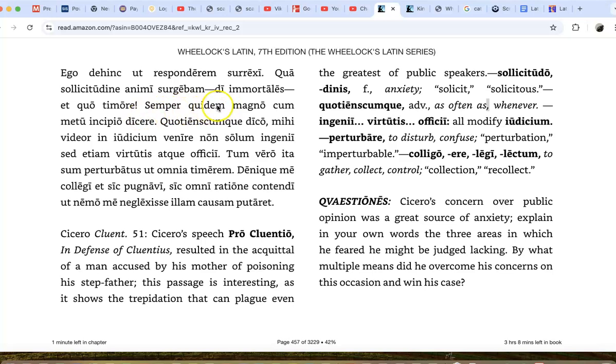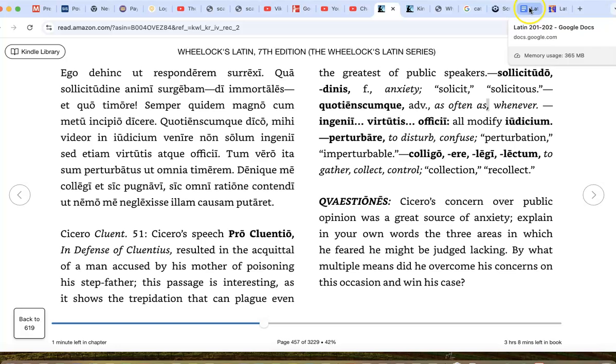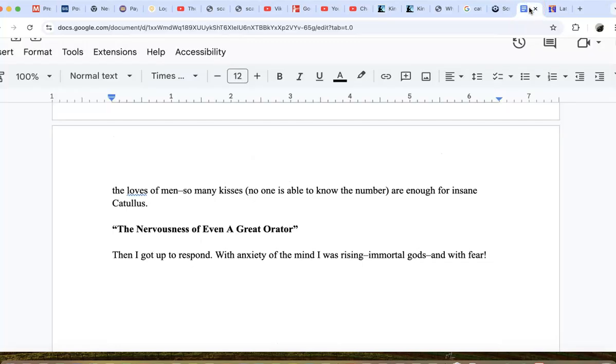Quidem means indeed. That's one of our vocabulary words in this chapter. I, always, semper, begin, incipio, to speak, dicere, like dictation, and then with, cum, great fear. So that one is relatively easy once we know the vocab.